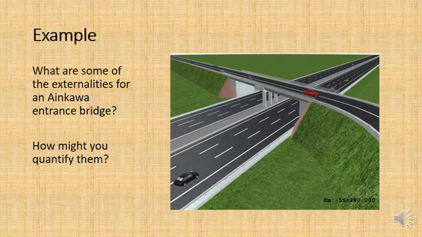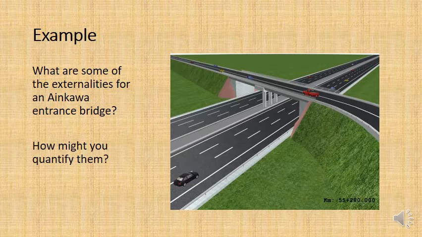What about the external benefit of the car that is driving from Ainkawa and wants to go to the airport entrance and turn right and use that right-hand turn? Well, the benefit to him is probably that there's going to be less traffic. He doesn't have to wait for a traffic signal as he currently does, so he has more time.